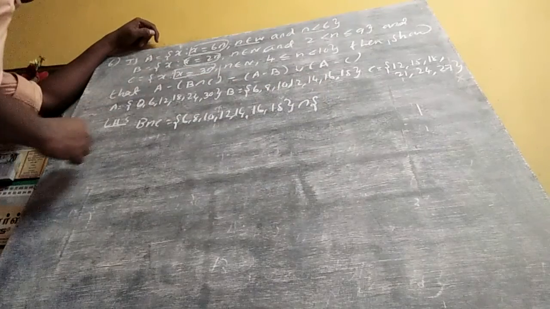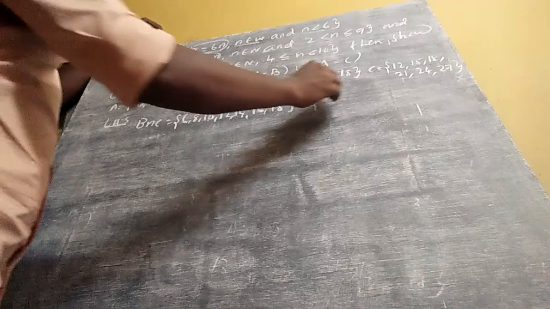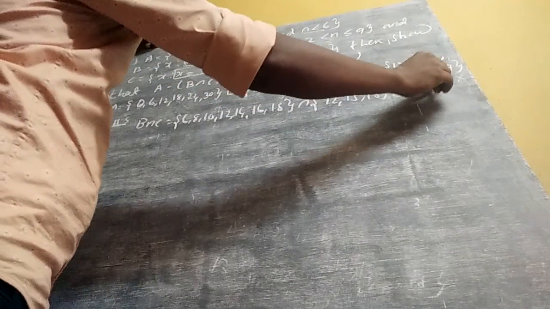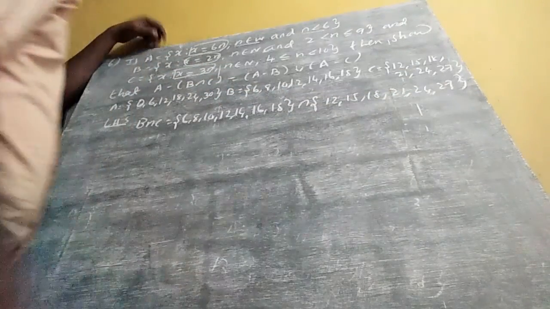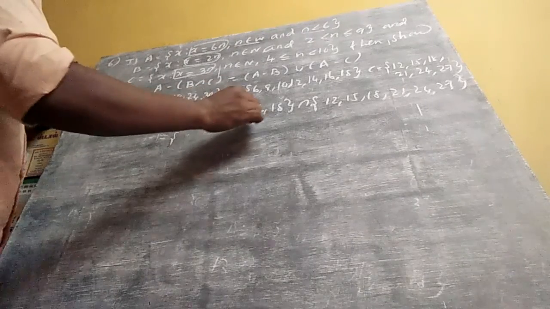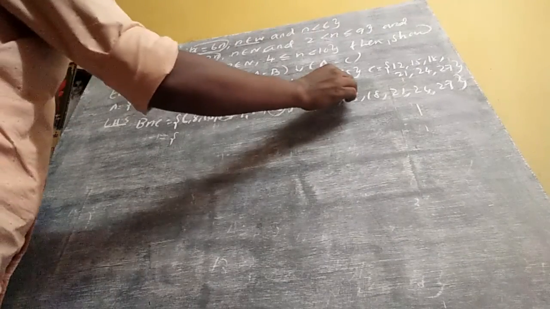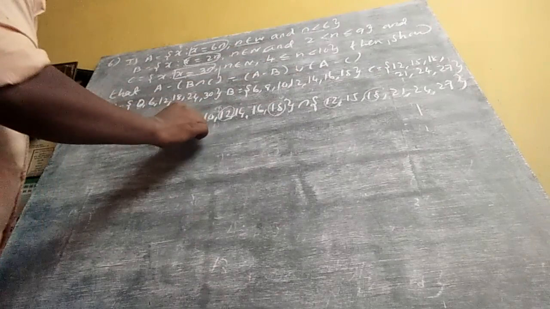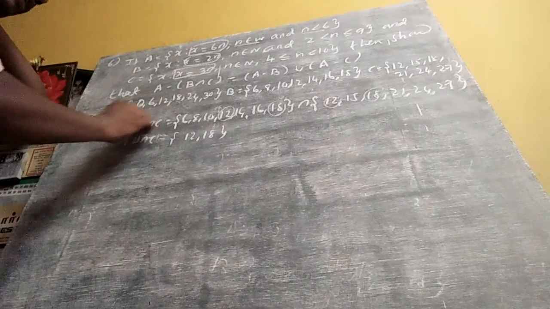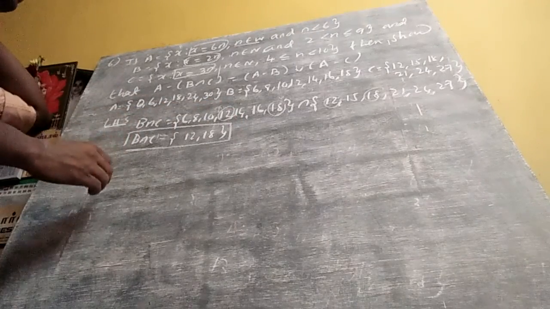Intersection C value. The C value is 12, 15, 18, 21, 24, 27. What is common here? Intersection means common. What is common? 12, 18. So 12, 18 is the common here. That is the B intersection C value. Now what they said?